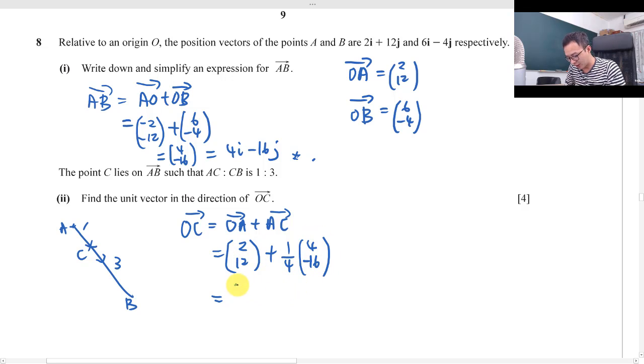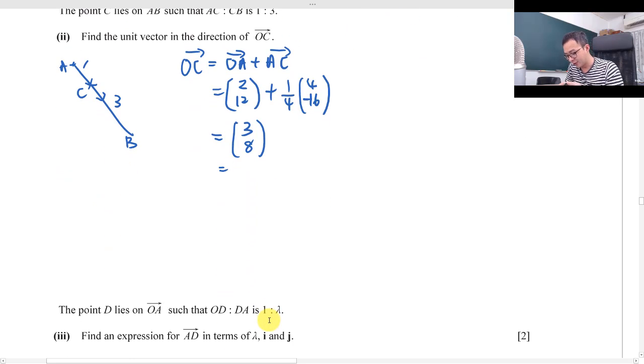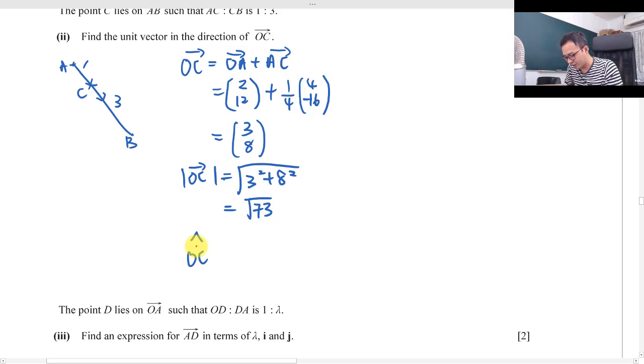This is 2 plus 1, which is 3. This is 12 plus negative 4, which is 8. So this is OC, but they ask about the unit vector. So what we need to do is find the length of OC, which is the magnitude. It's the square root of 3 squared plus 8 squared, so 9 plus 64, which is 73. Square root of 73. Therefore, the unit vector of OC equals 3i plus 8j over square root 73.